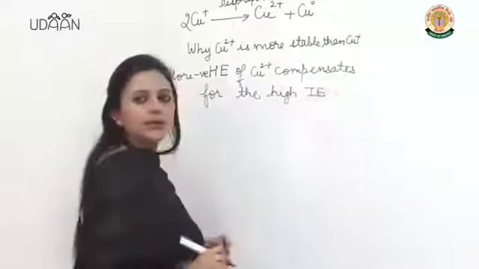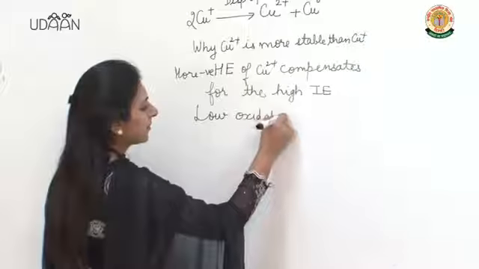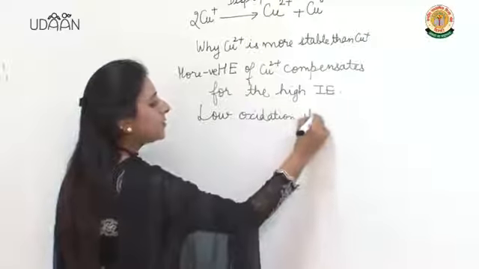That is why Cu2+ is more stable. Now in low oxidation states, ionic compounds are formed.